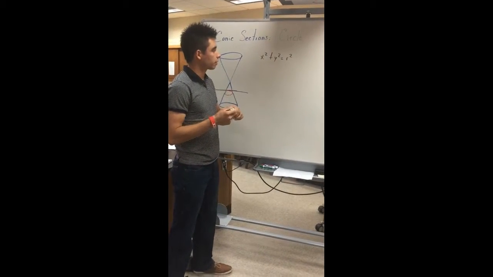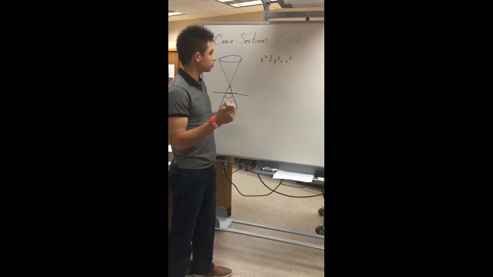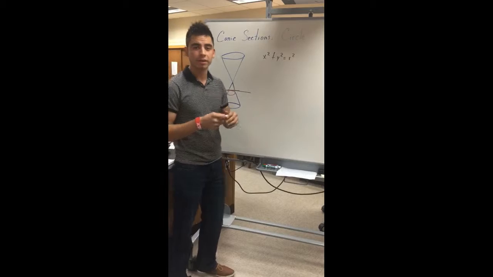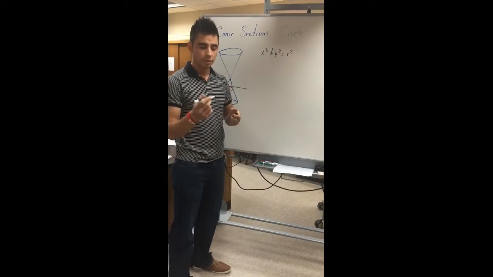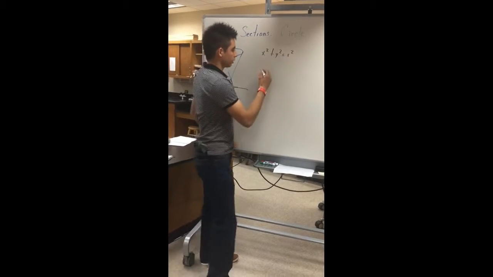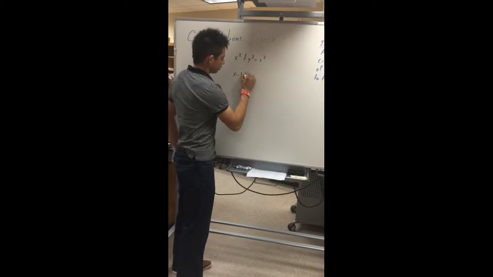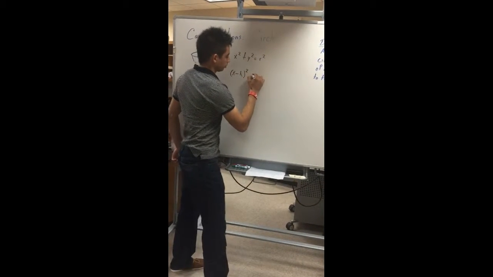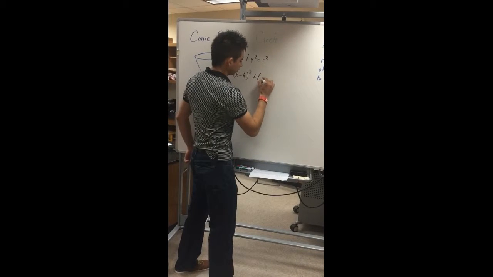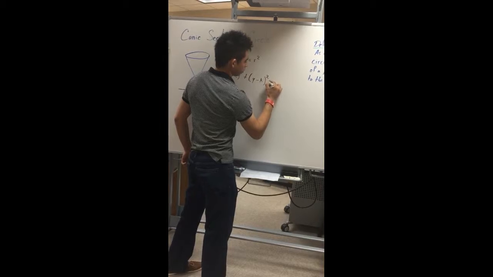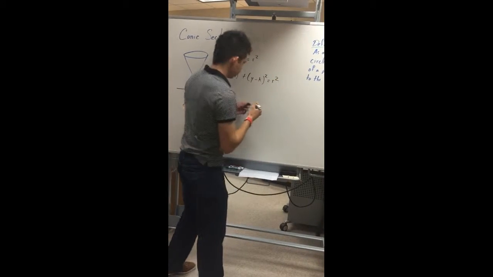If the circle is not centered at the origin, there's another equation that you can use, which is (x minus h) squared plus (y minus k) squared equals r squared.